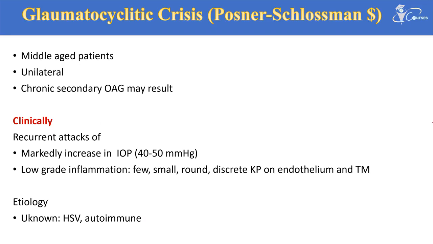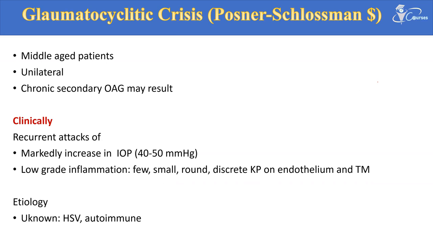A patient comes to you with a white eye, this is very important, white eye, there is no pain, and he was coming for another reason. When you examine him, you find that the intraocular pressure is very high, like 40 to 50 millimeters mercury. However, the patient is asymptomatic or having very minimal pain, and he has a white eye.